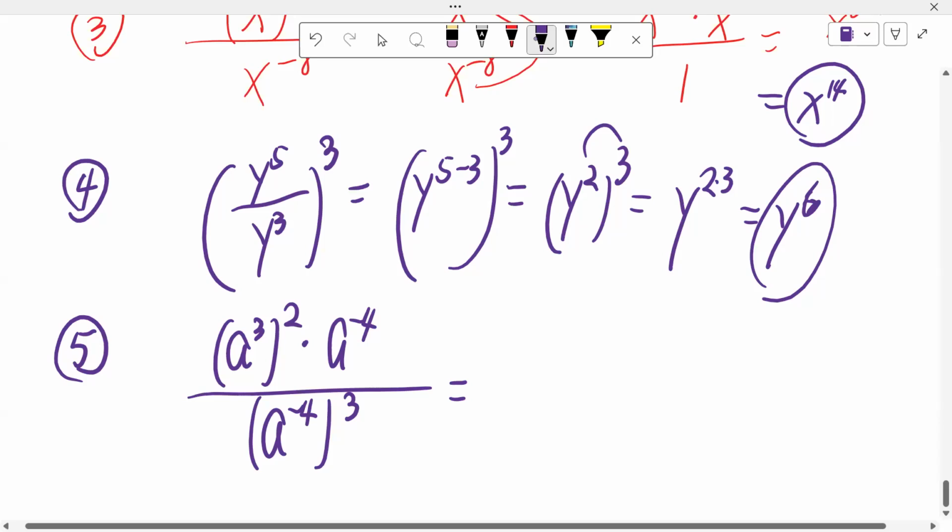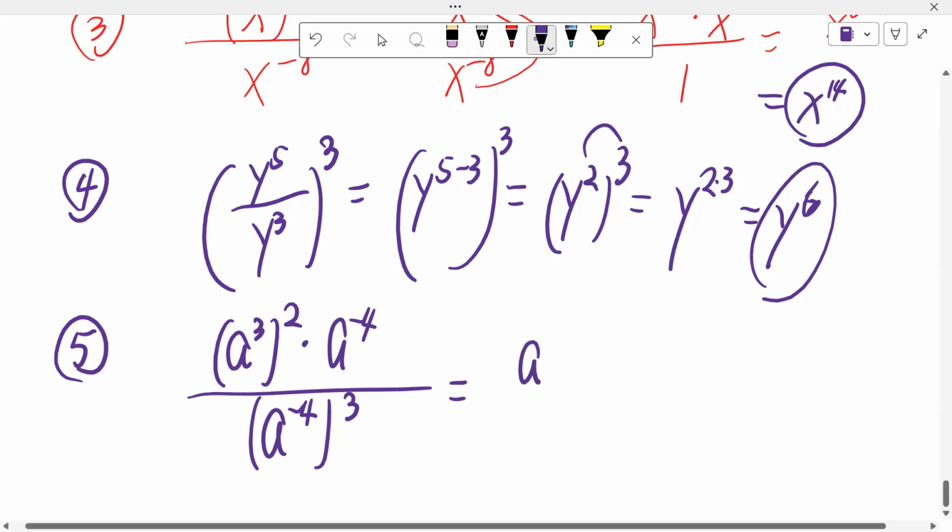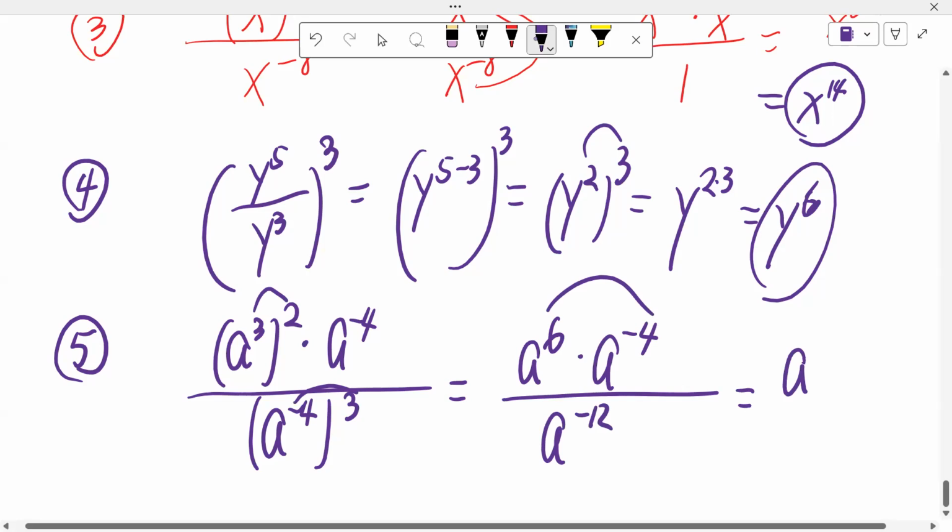So simplify one at a time, right? a cubed to the second becomes a to the 3 times 2, 6. Times a to the -4. On the bottom, you multiply -4 by 3, you get a to the -12. Now combine those two on top, 6 plus -4, 6 minus 4, 2, over a to the -12.